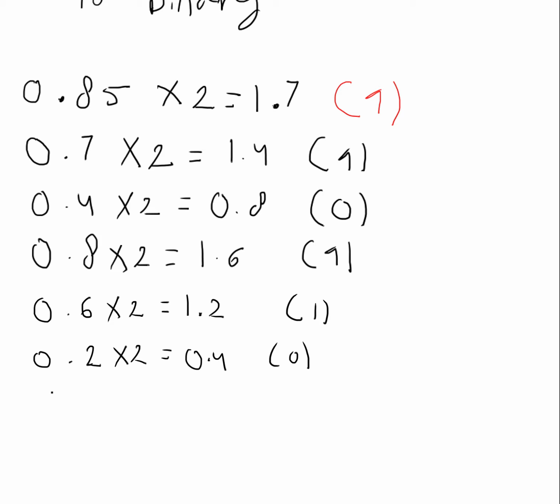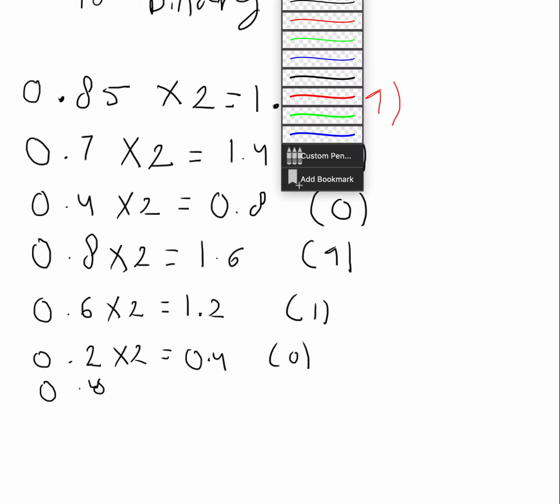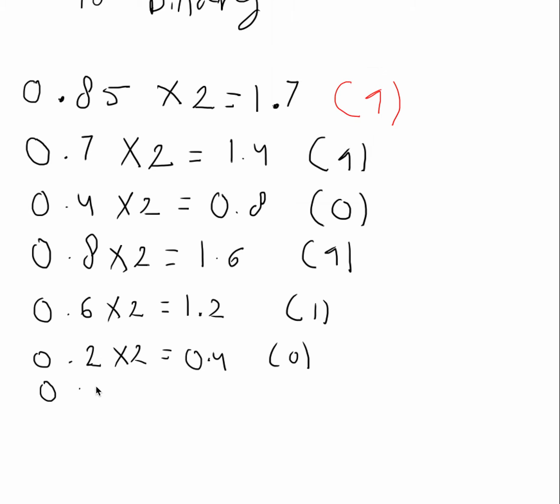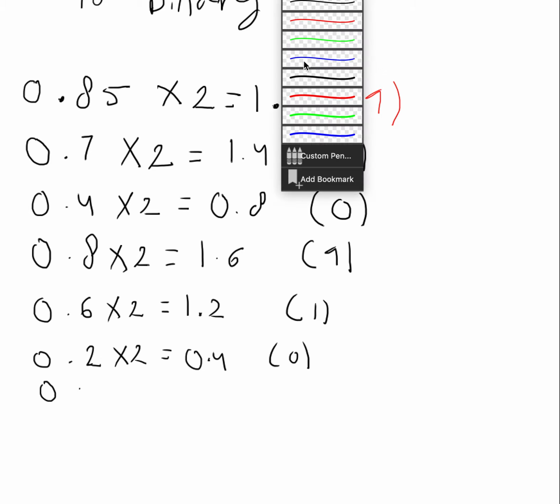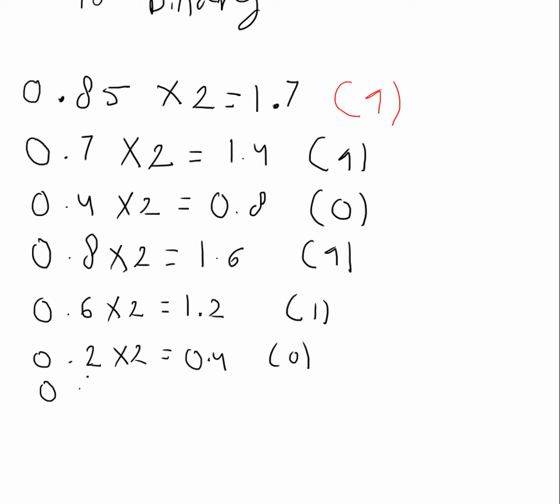And then here we're going to have 0.4. Let me just go ahead and erase that a little bit. We're going to have 0.4 times 2, and we're going to get 0.8 here.